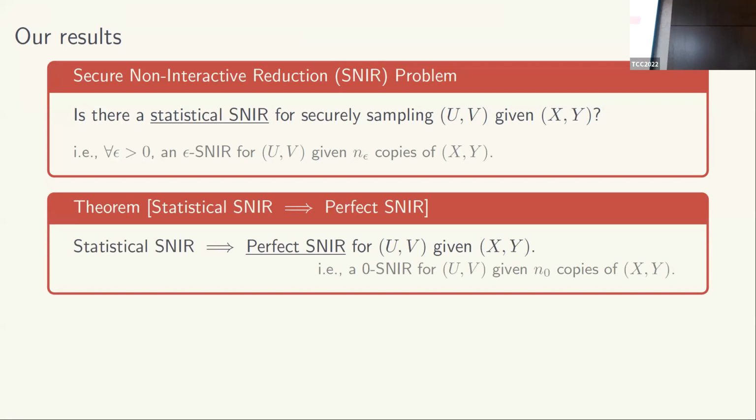So in order to show that this is decidable, the main theorem that we use states that statistical SNIR implies perfect SNIR. So what does this mean?